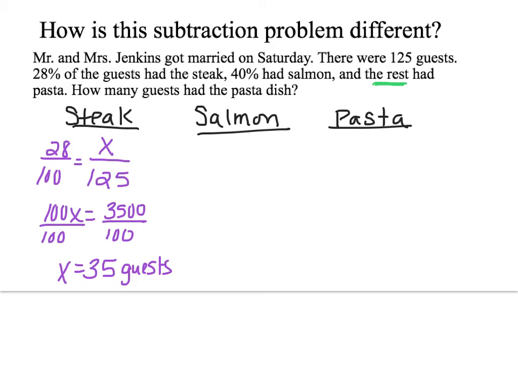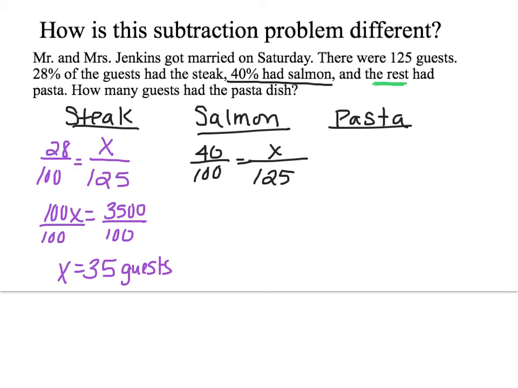Now, I'm not subtracting next because the next thing it says is 40% had salmon. It doesn't say 40% of the remaining amount or 40% of the steak. It's 40% of those guests had salmon, which means that 40% or 40 over 100 is still of my total guests.